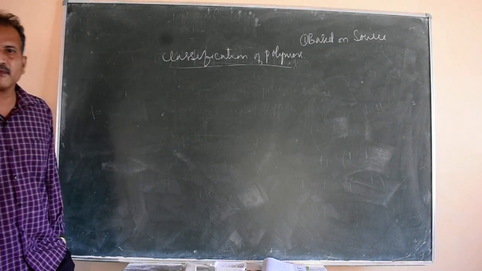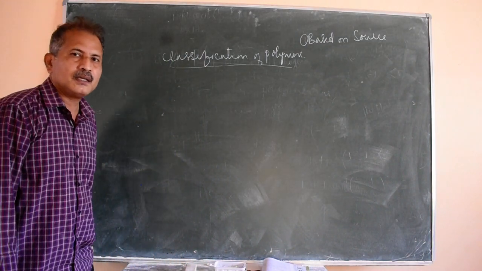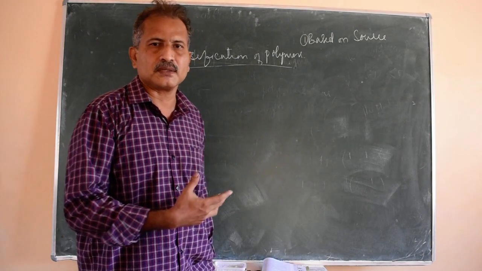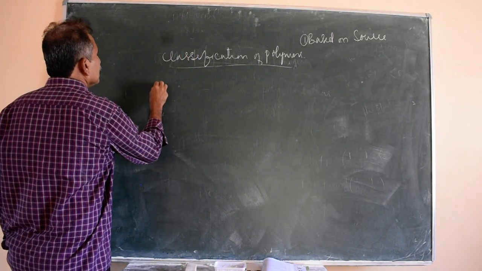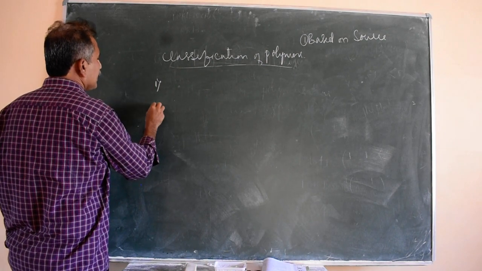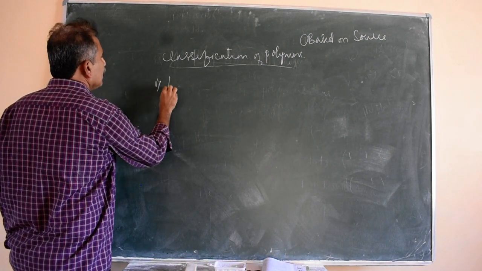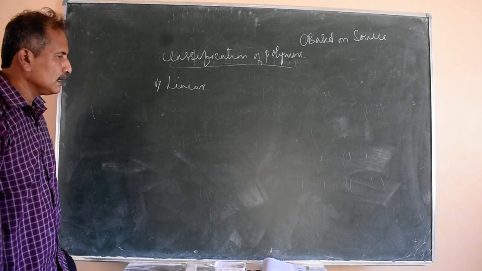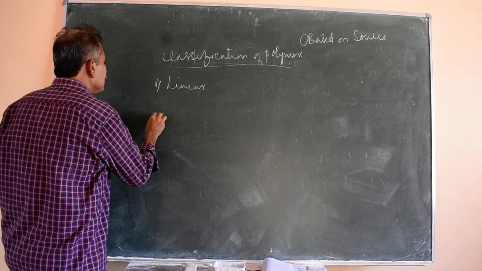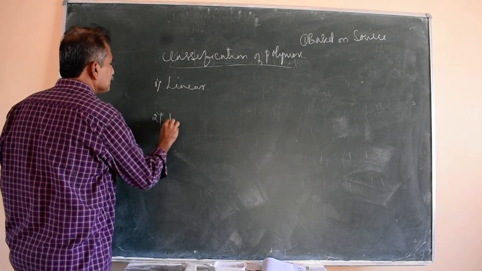The second classification is based on their structure. Okay. So there also you get three types. First one, linear. Second one is branched.